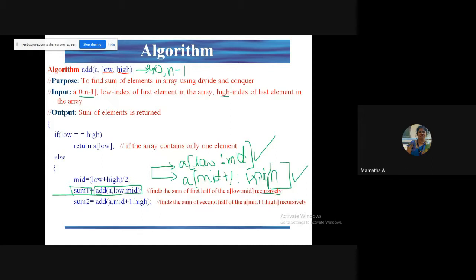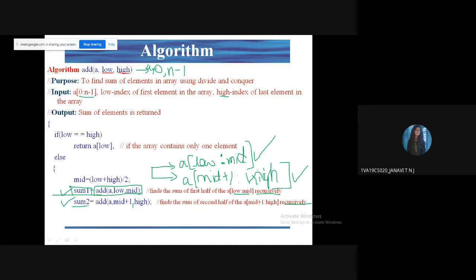This will find the sum of the second half of the array, mid plus 1 to high, recursively. Very important. Now sum1 is the solution of the first half, and sum2 is the summation of my second half. How do I get my solution to the original problem? What should I now do?